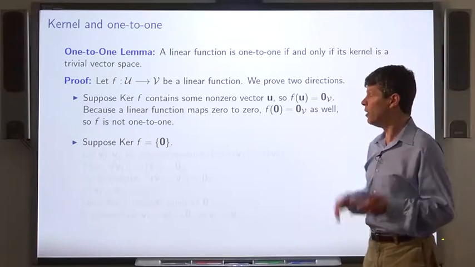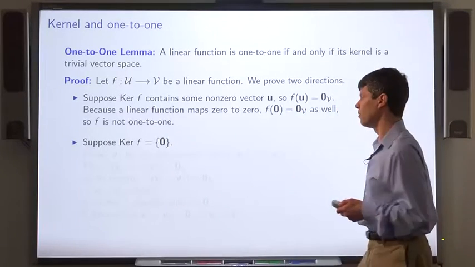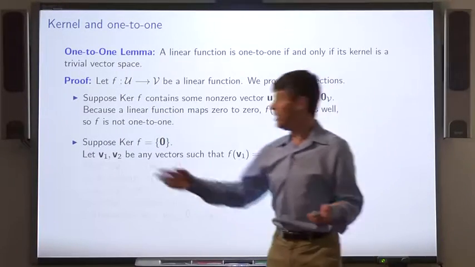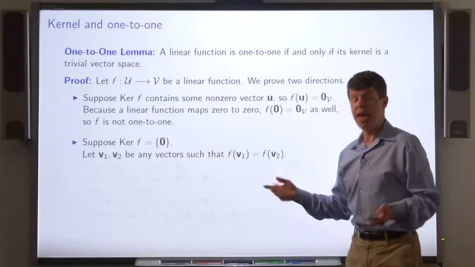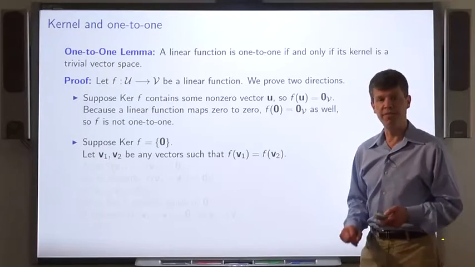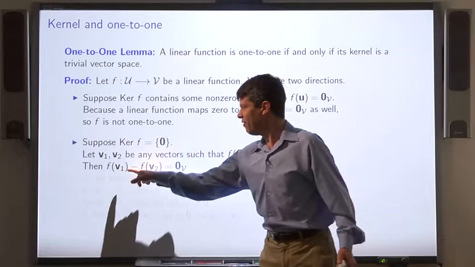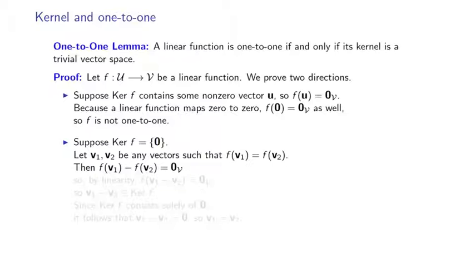Here's the second part. Suppose, on the other hand, that the kernel is trivial. It contains only the zero vector. And let v1 and v2 be any two vectors that have the same image under f. f(v1) = f(v2). Moving this to the other side, we get f(v1) - f(v2) is the zero vector. Then by applying a property of linearity, f(v1 - v2) is the zero vector.